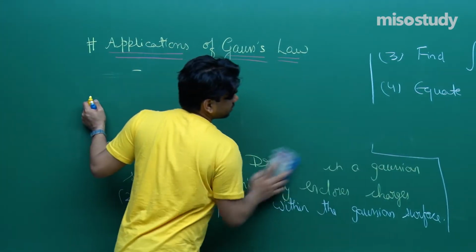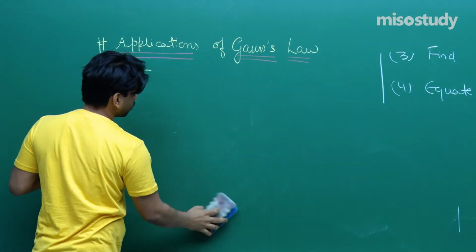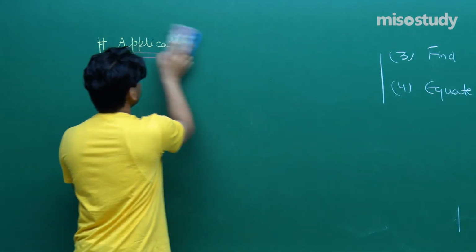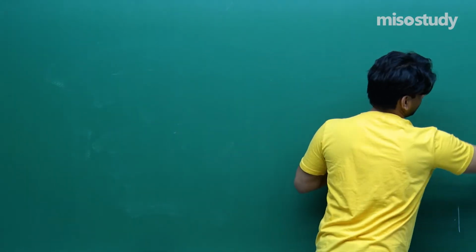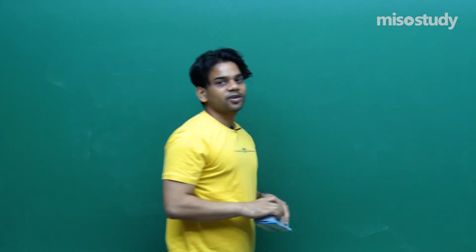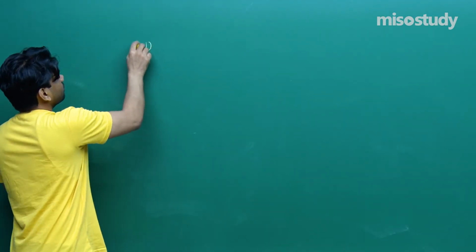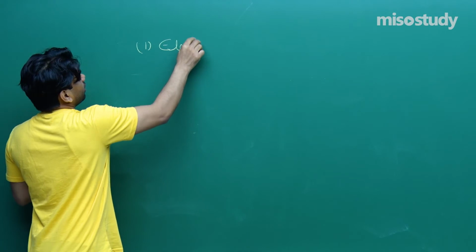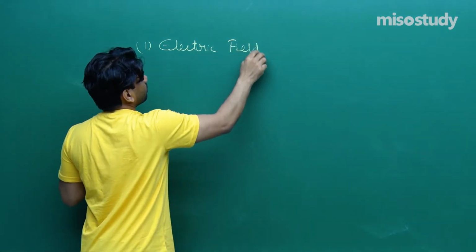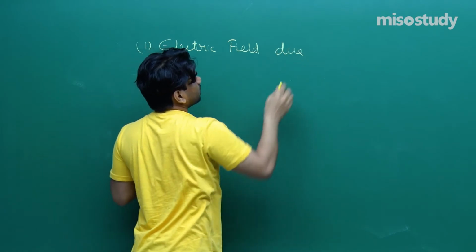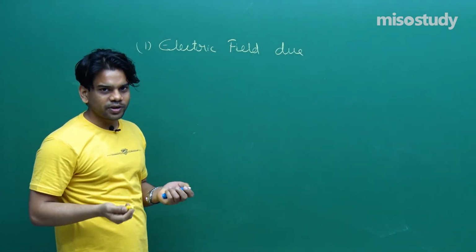Now after learning about the basics of Gauss theorem, let's apply Gauss theorem and find out the value of electric field with respect to some charge distribution. First one, electric field due to a uniformly charged thin wire or uniformly charged rod, you can say.